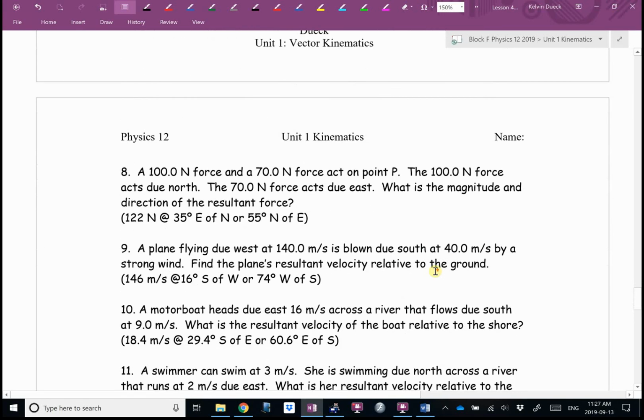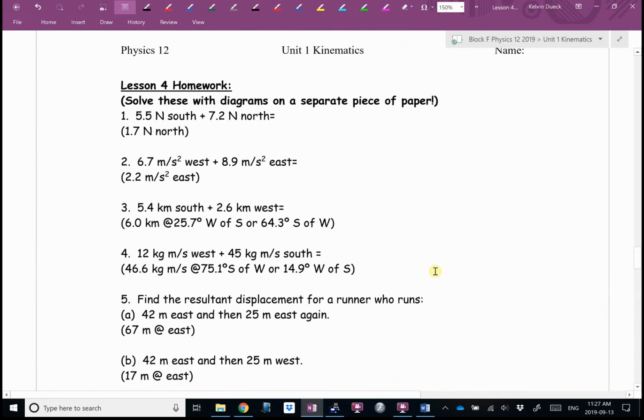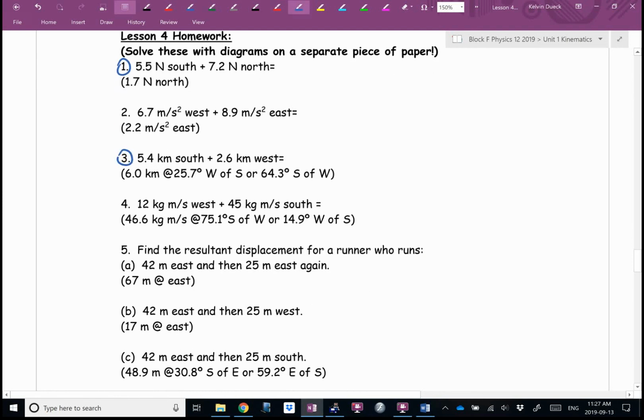Your homework. Let's see, am I going to give you all of these? One is good, skip 2. 3 is good, and you're going to probably have to draw these on a separate piece of paper somewhere.